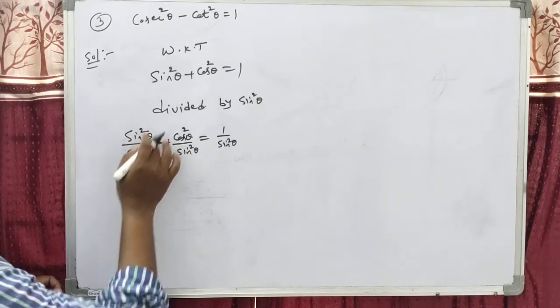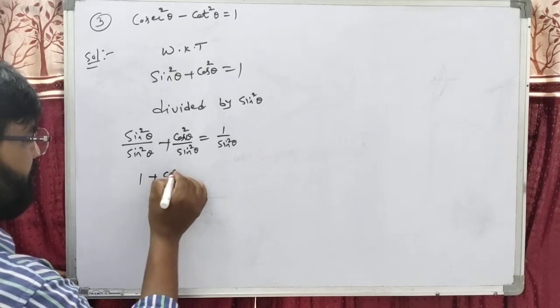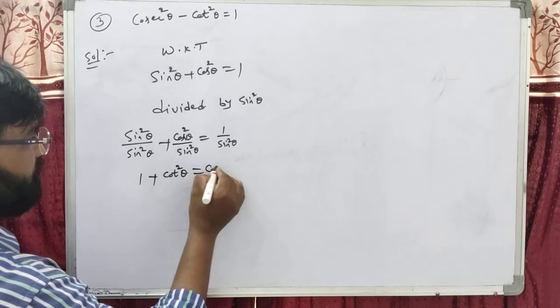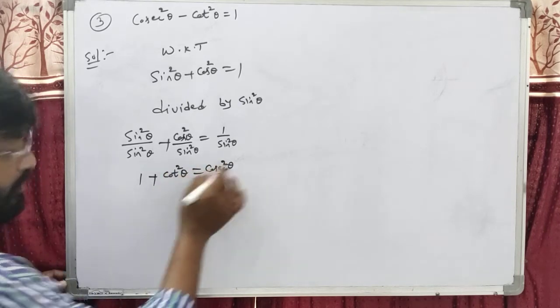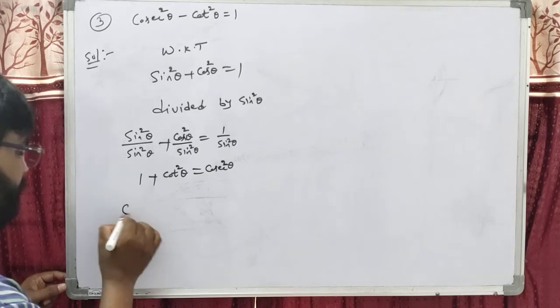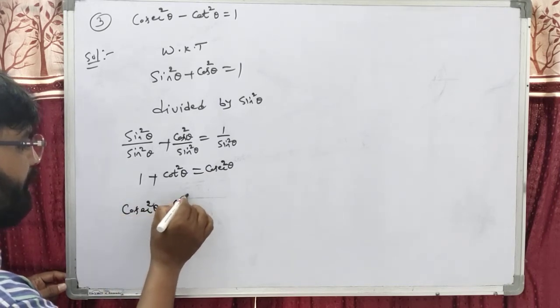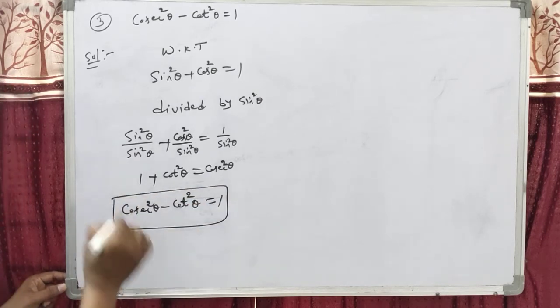Dear students, sin square by sin square is 1. Cos square by sin square is cot square theta. 1 by sin square theta is cosecant square theta. Sending this to the other side, we get cosecant square theta minus cot square theta equal to 1. This is the first form.